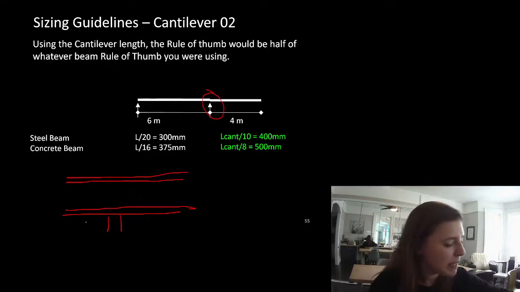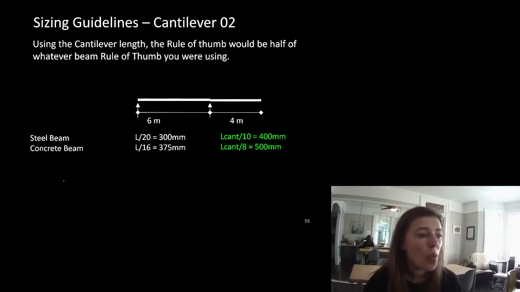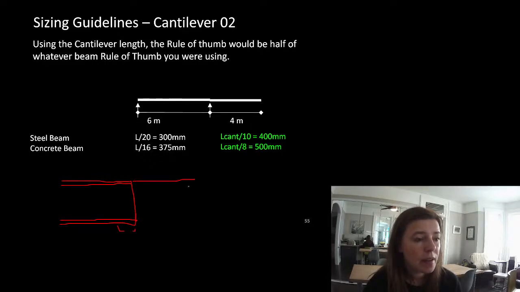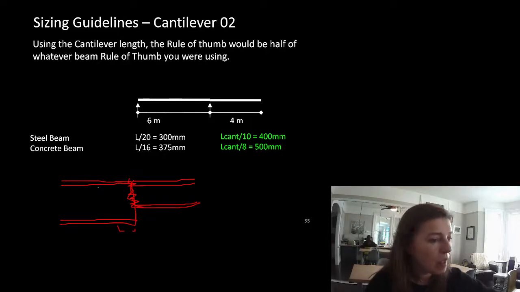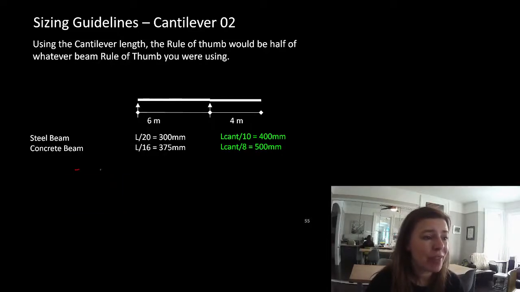It would make it one continuous steel beam. What if we needed it to be different depths? But it's a cantilever, so it has to be continuous. We would need to make that zone there act as if it was one continuous beam. Concrete, we just kind of get that for free.